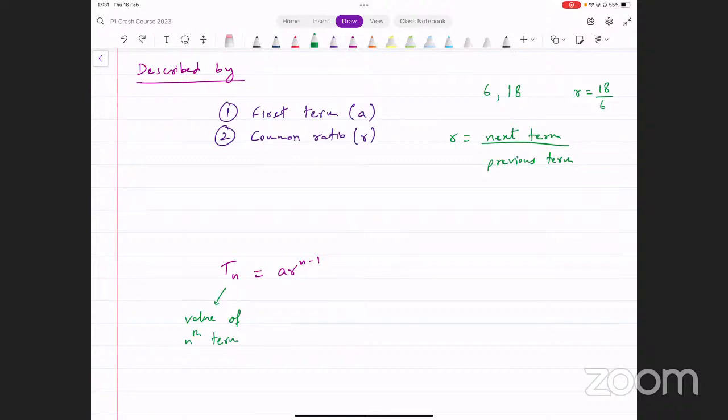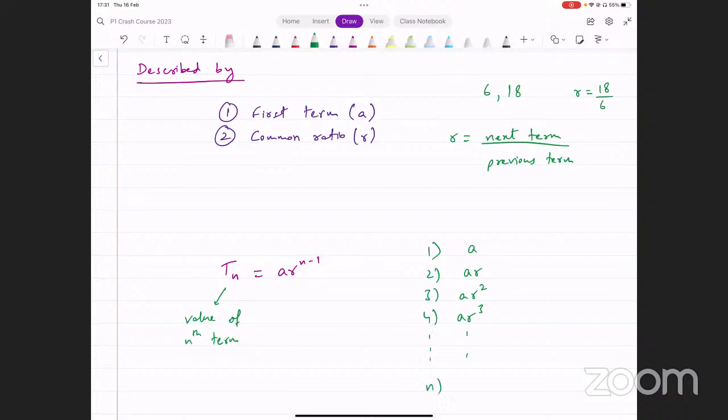It's pretty straightforward. The first term is A, but then the common ratio is R, right? So basically, in order to get the next term after A, you have to multiply by R. So the next term is going to be AR. And the next after that is AR into R, that's AR square, and then AR square into R, which is AR cube, and so on. So this is the first term, this is the second term, third term, fourth term, and so on.